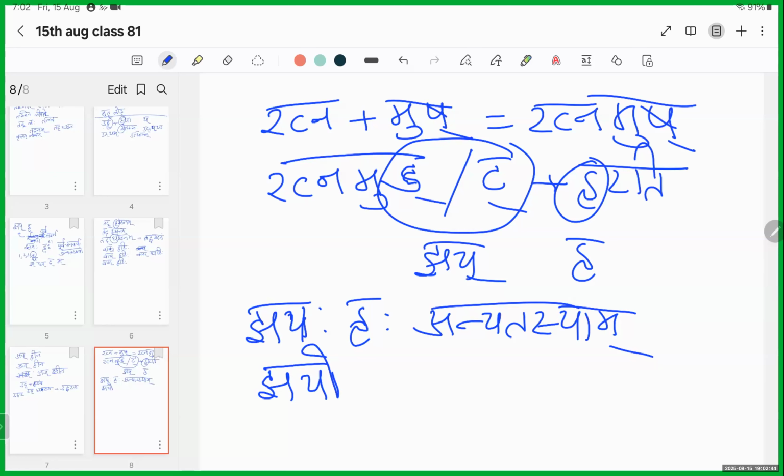Haha anyatarasyam, haha. Again o. Is that right or not? Yes, Aruna? That should also become Uttam. Correct. Therefore, you'll end up with ho. Jayo ho anyatarasyam.